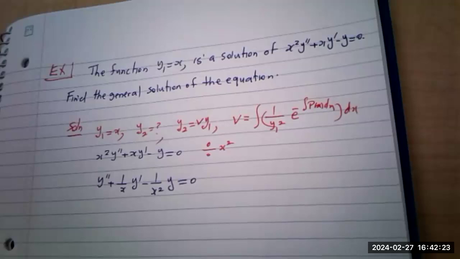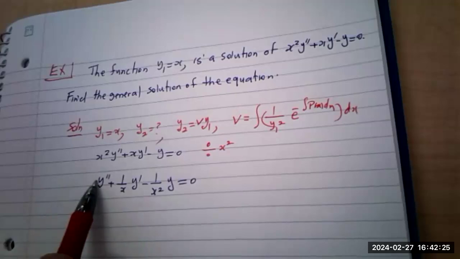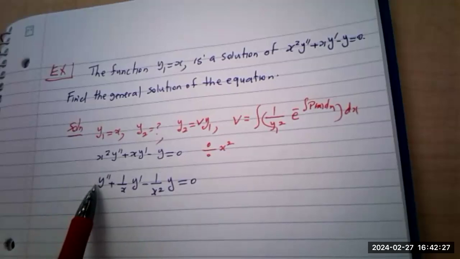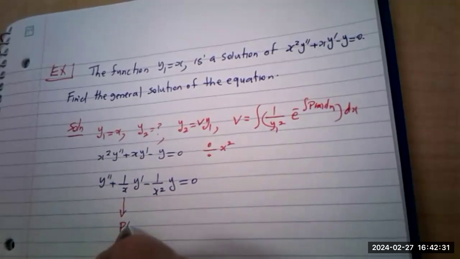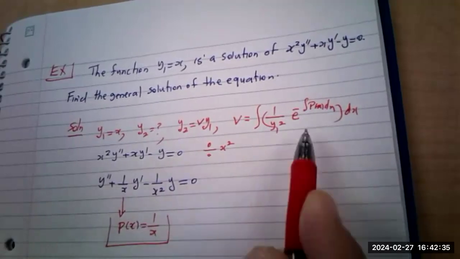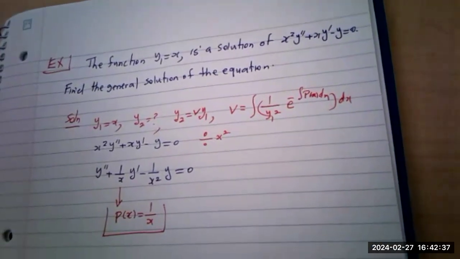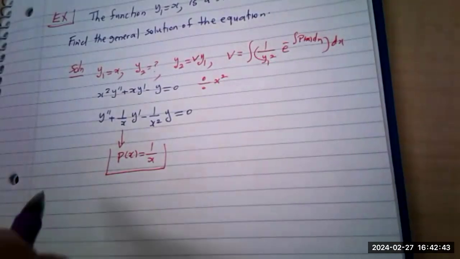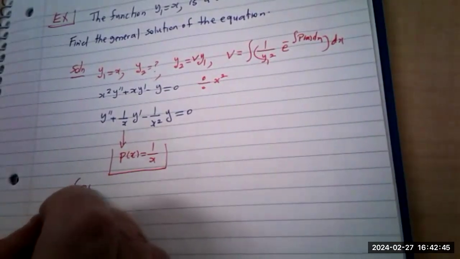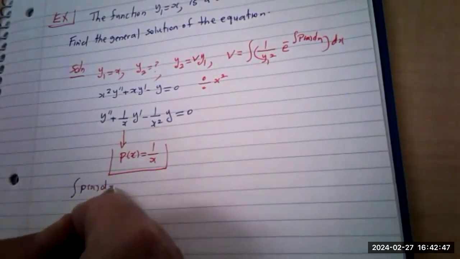Any question? p(x) is the coefficient of y prime, and the coefficient of y prime is 1 over x. So that's it, you have the p(x). Start working on the integral of p(x) dx.